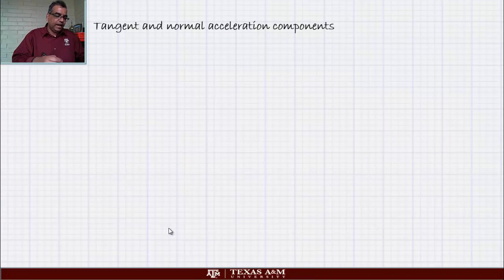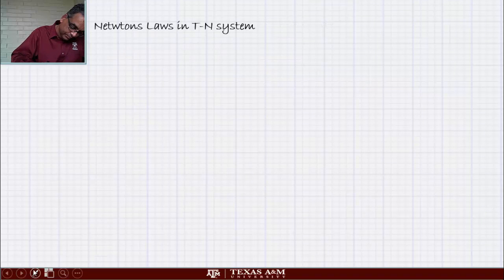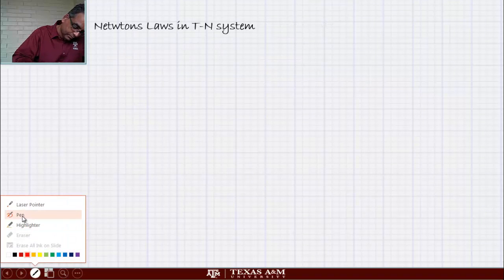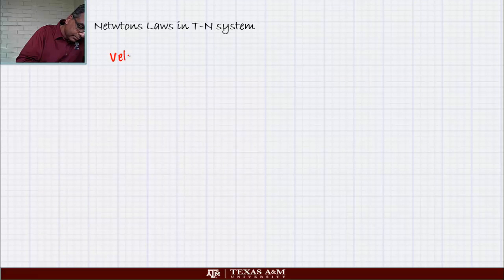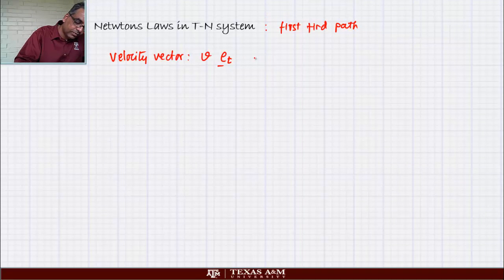Okay, so basic idea is, let us summarize. The velocity vector is V ET. So the idea is, first find the path. Then the velocity vector is V ET, which is speed times tangent to path.